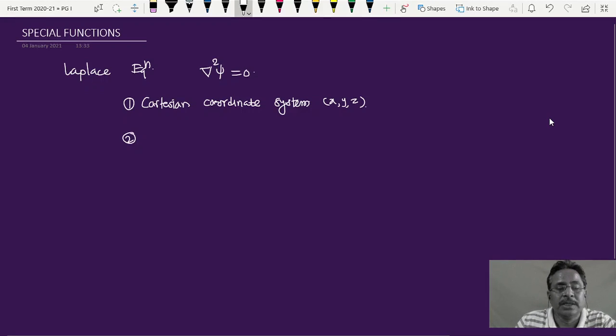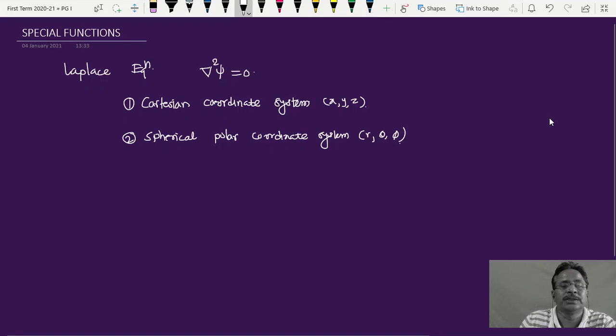Number 2, the second type of coordinate system we have used is the spherical polar coordinate system, and this was the r, theta, phi type of coordinate system.